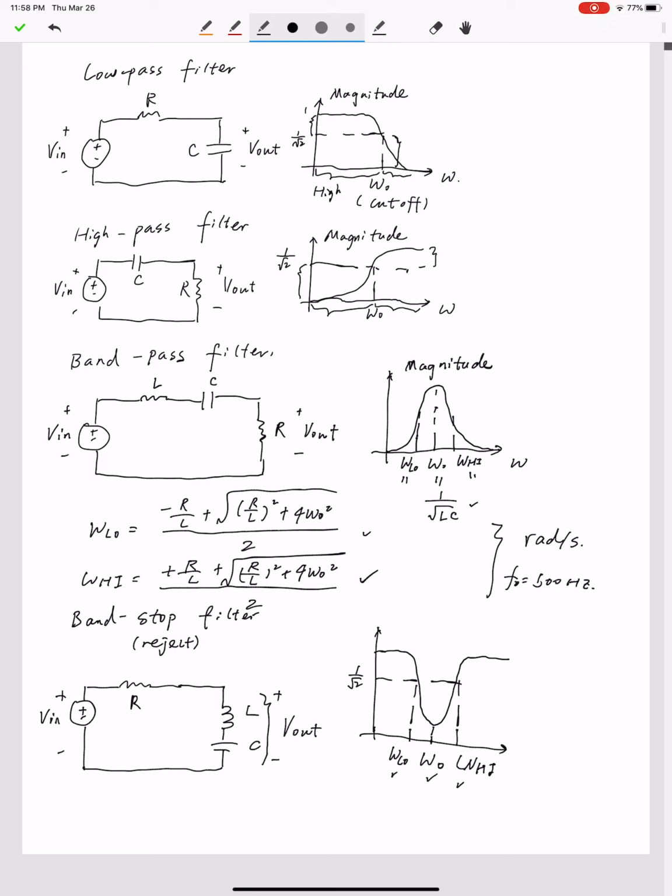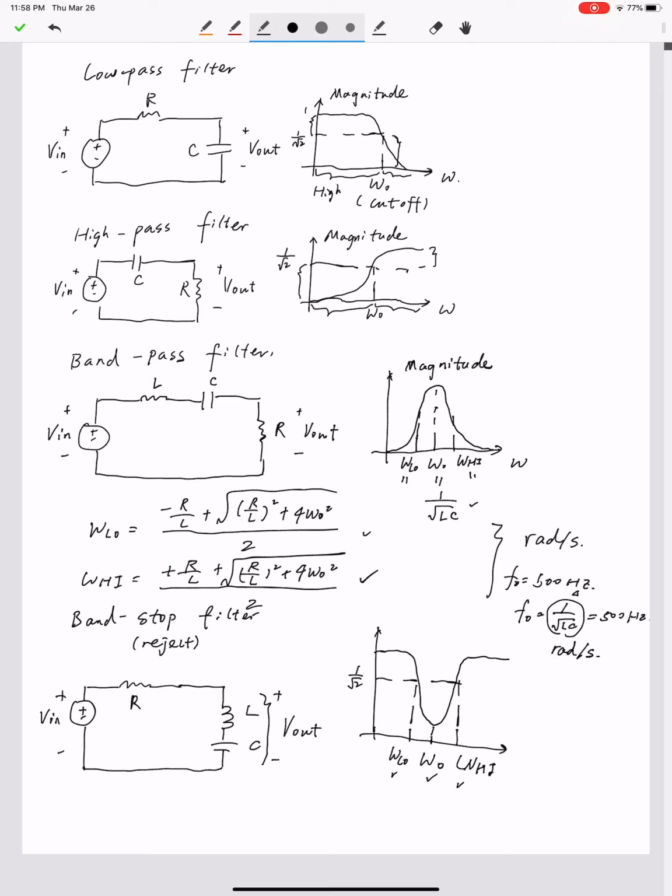Then you cannot directly say f0 equals 1 over square root of LC equals 500 hertz, because 1 over square root of LC, the result of this formula, is in the unit of radian per second. It's not in the unit of hertz.